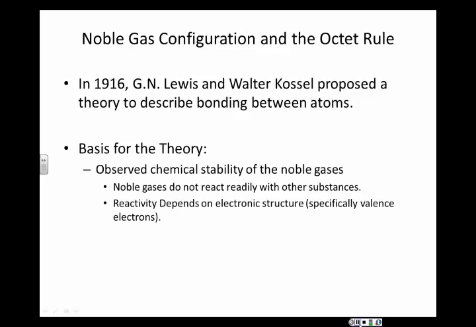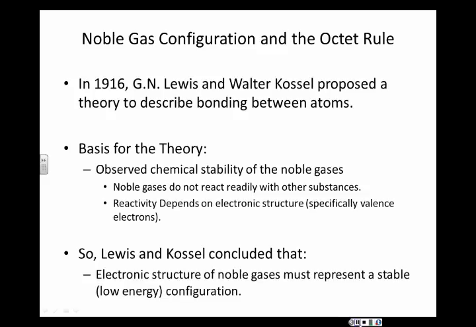So they figured out that something about the noble gases must already be low energy. They figured out that the electronic structure of the noble gases must represent a low energy, or stable, configuration. So whatever is happening with the arrangement of the electrons must be low energy, must be stable.